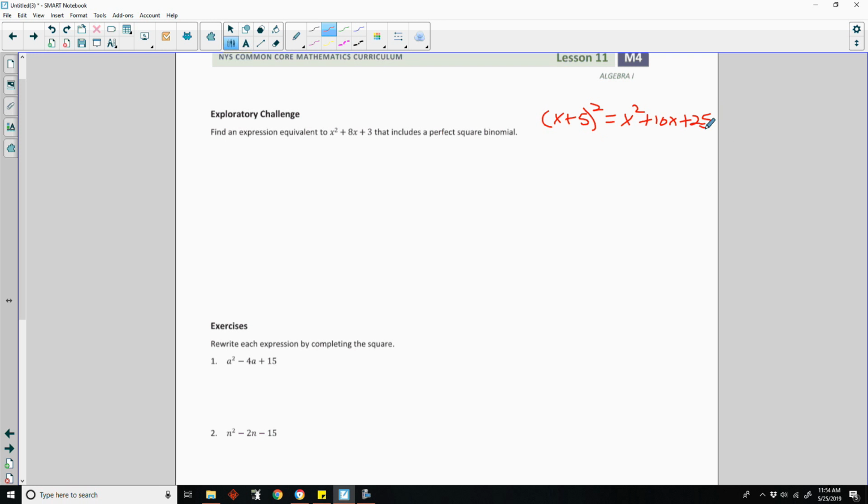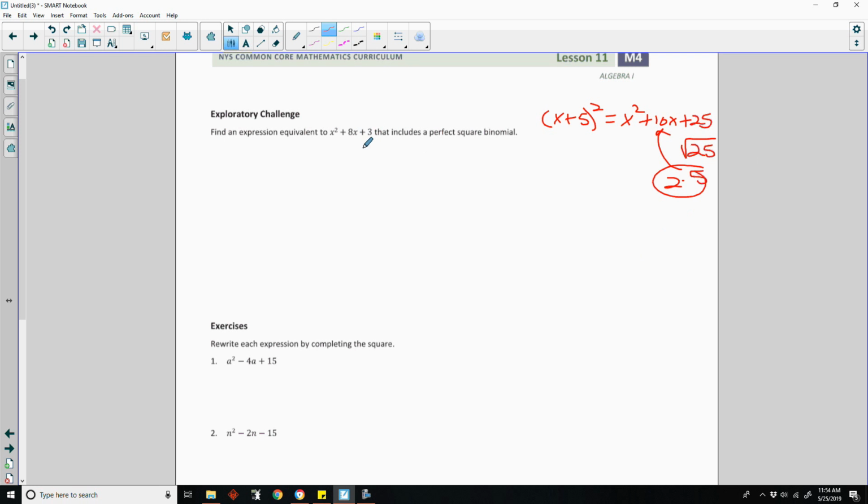So in other words, the square root of 25, if I take the square root of this, I get 5. And then if I multiply that by 2, 2 times 5 is my middle term. And that's what we were trying to do.